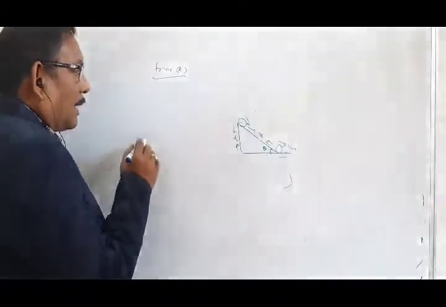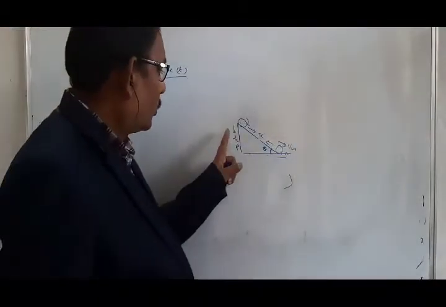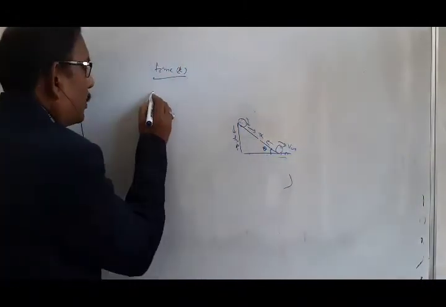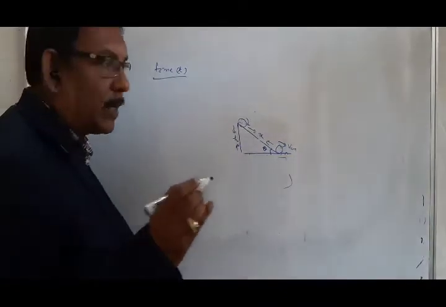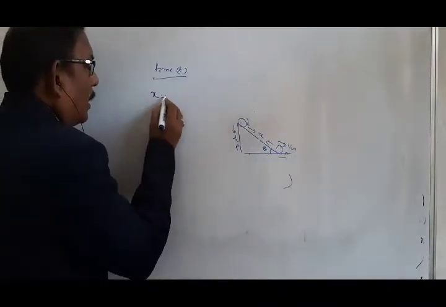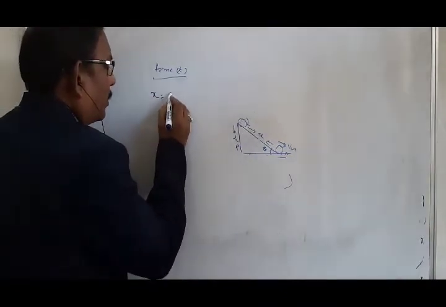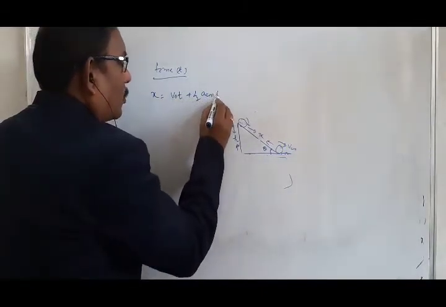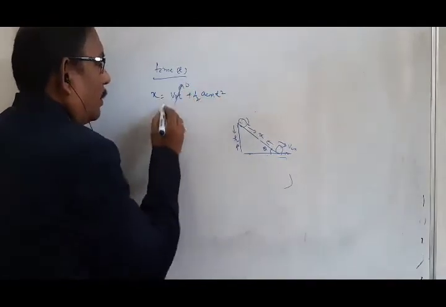Now the time required by the rigid body to reach from top to bottom by covering distance x. Using the equation s equals u t plus half a t square, in place of s write x. The initial velocity is 0, so x equals half A_CM t square. Okay.